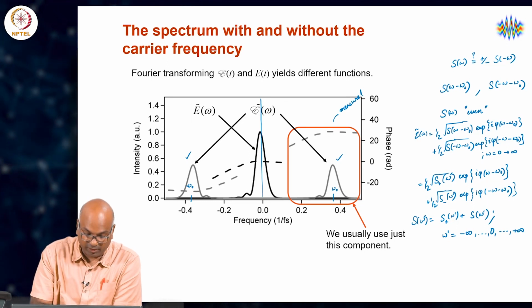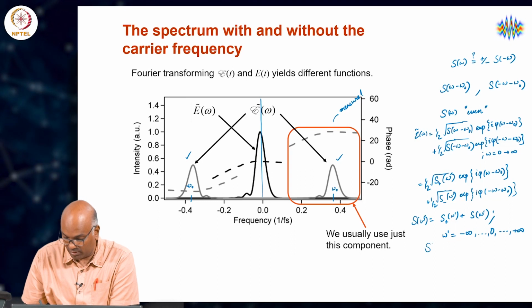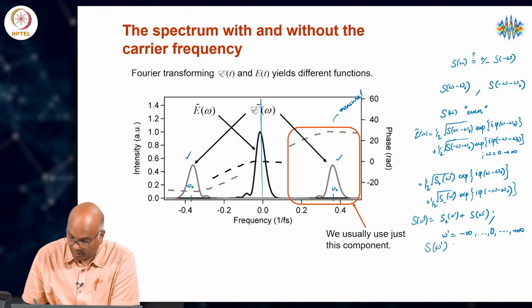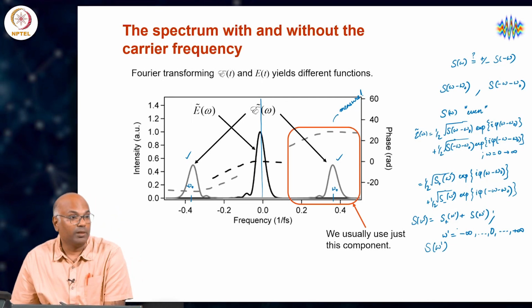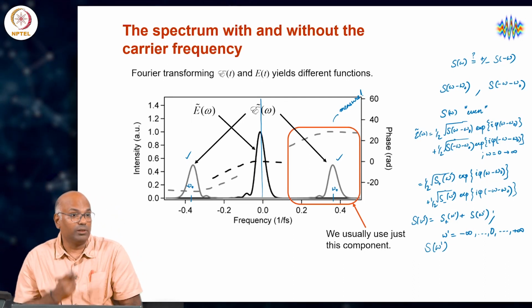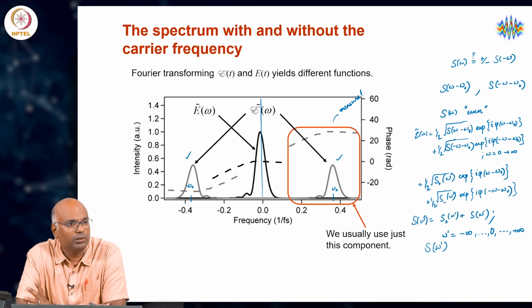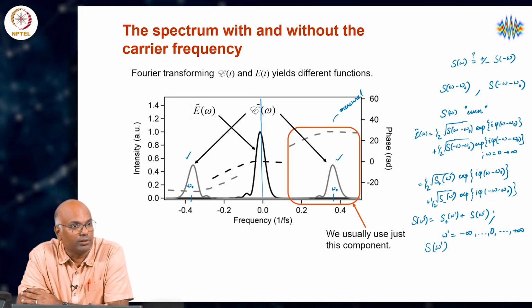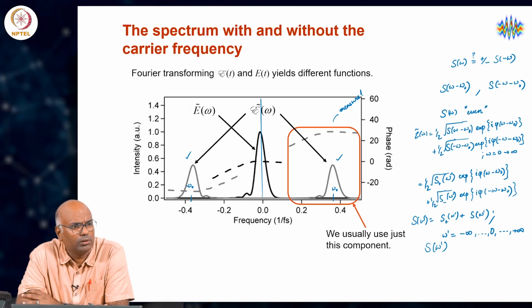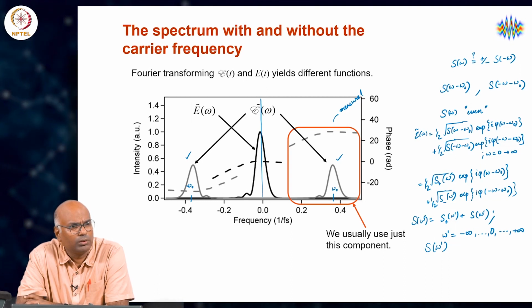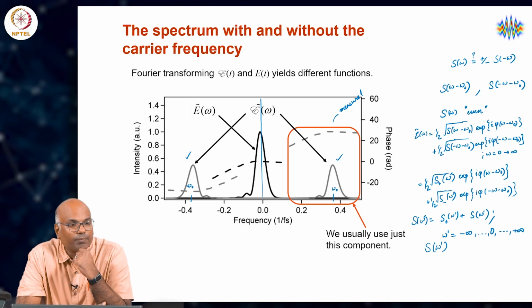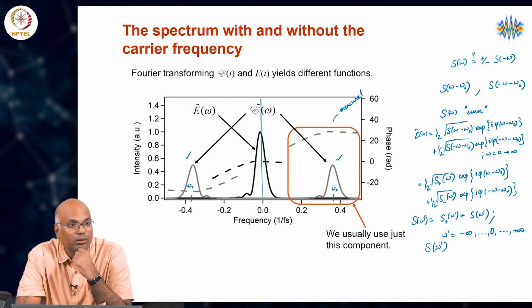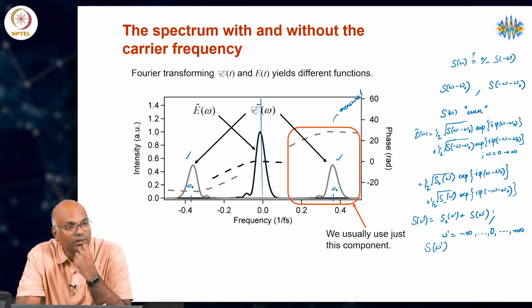But now, if I consider this function as omega prime with this newly defined frequency variable, it is going to be an even function in omega prime. If my original time domain function is purely real, then the spectrum might be even. The electric field is always real in the time domain.